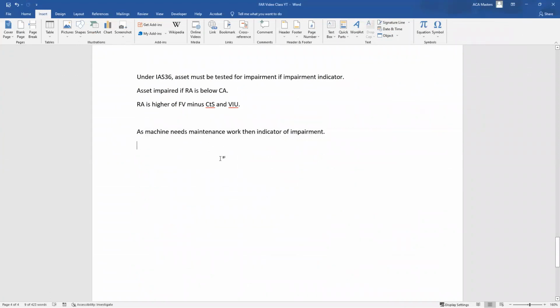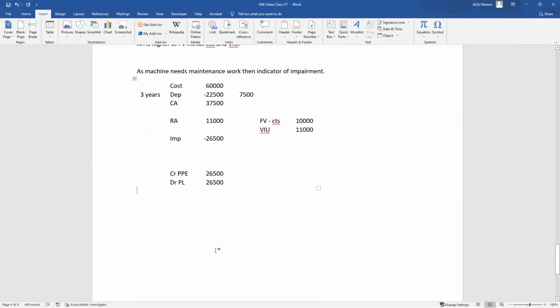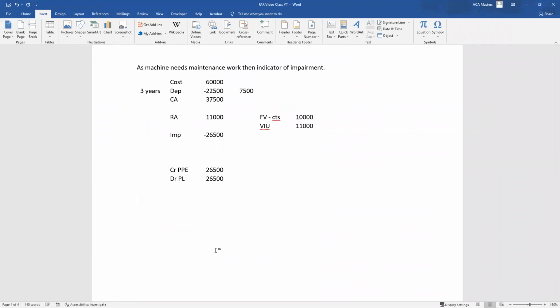So we said machine needs maintenance work, then that's an indicator of impairment. And we could say it here. So we could say, recoverable amount is 11K because higher than fair value minus cost to sell.